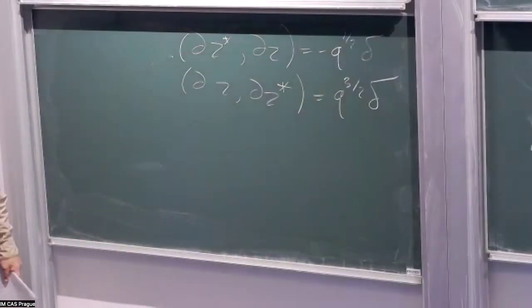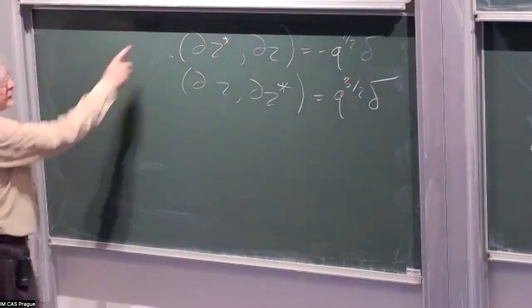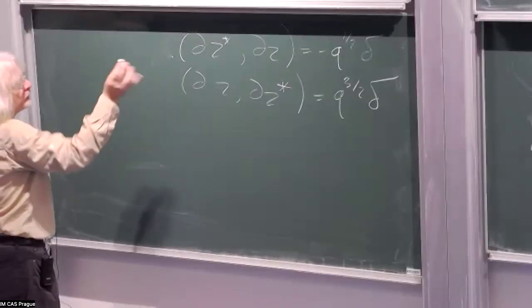Now, delta will be something I'll talk about in a moment. So this is going to be a linear, not Hermitian inner product.